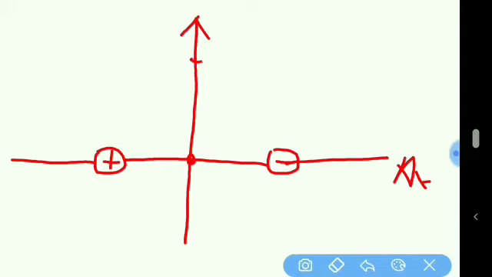And if we choose any point here to find electric field, then the distance of this point, suppose P, from this positive charge will be this much, and from negative charge the distance is this much.